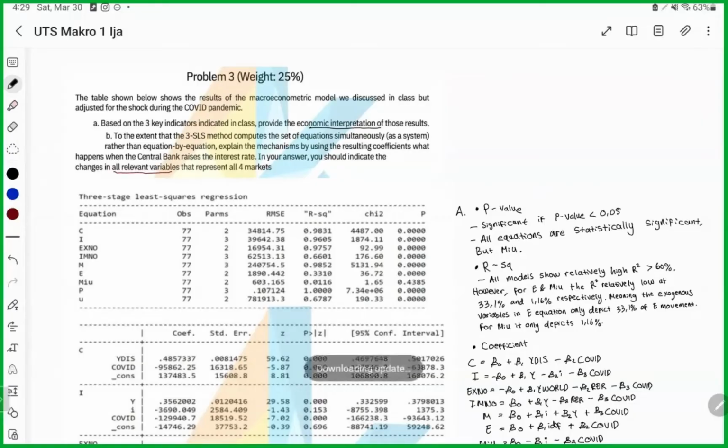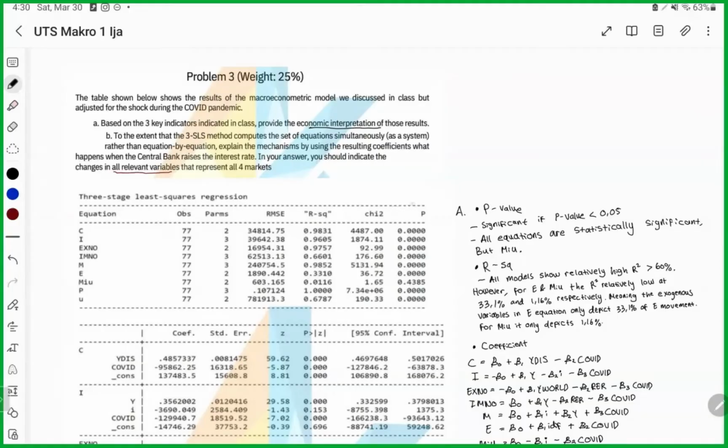P-value is the tool in statistics to know the significance of models. So if the p-value is less than 5%, it means that your model is significant.